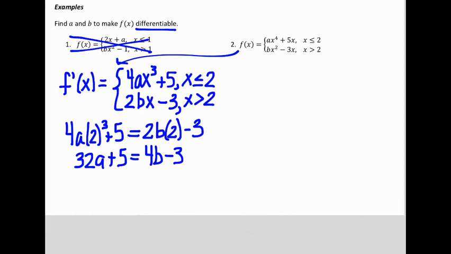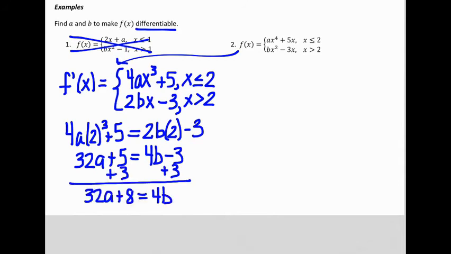But what we can do is isolate one of the variables. It really doesn't matter which way you go, but I notice that if I isolate b, I'm going to be dividing away the 4, and that's going to give me a whole number, whereas if I go the other way around and divide by 32, I get a fraction. So let's avoid the fraction and solve for b.